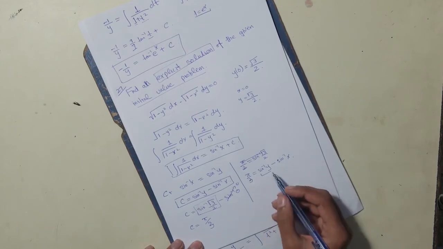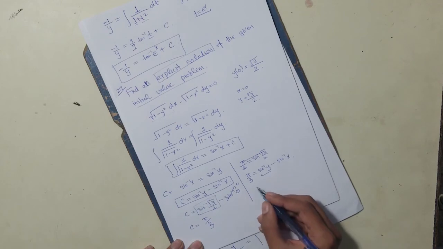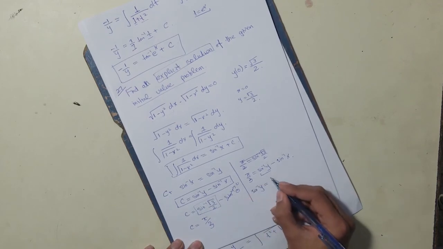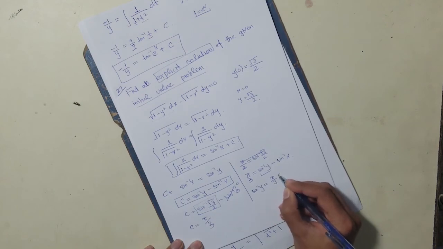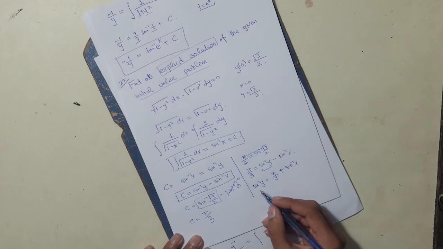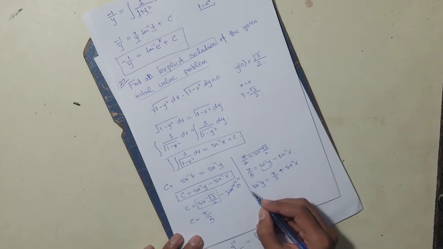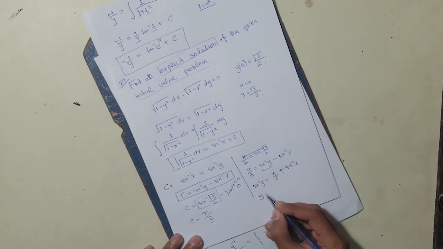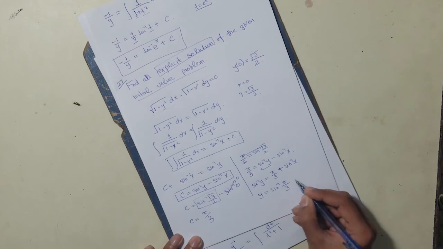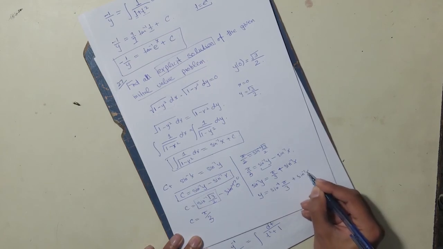To find the value of y, we move sin inverse x to the other side, and this equation becomes y inverse sine equals pi by 3 plus sin inverse x. By taking the sine of the whole equation, we get y is equal to sin of pi by 3 plus sin inverse x.